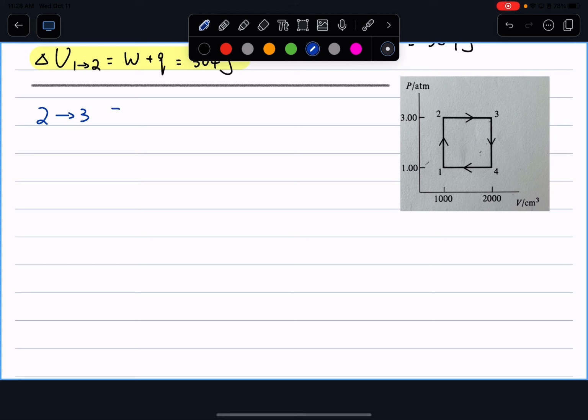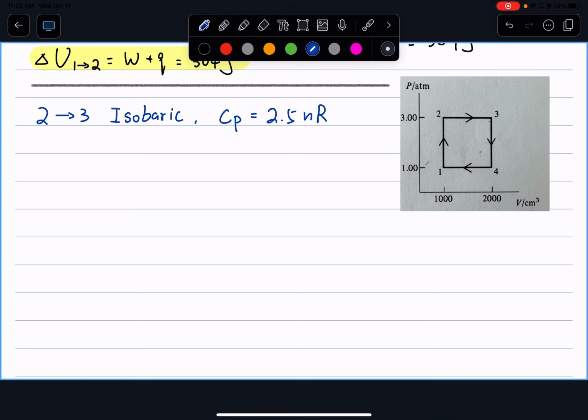So this process is an isobaric process, or constant pressure process. So for an isobaric process, naturally you should be using the isobaric heat capacity, or CP. And we have previously found out CP equals 2.5 nR.